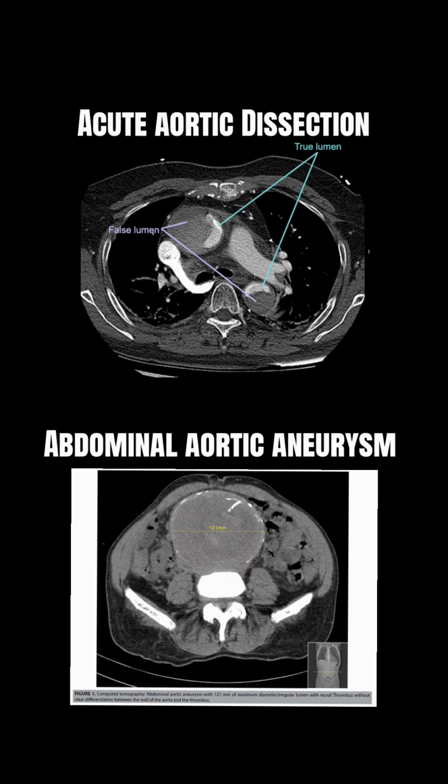Now, what will be the presentation? They'll say that a 76-year-old man with a chronic smoking history presents to the ER with sudden onset of abdominal flank pain and a pulsatile mass. The abdominal pain is radiating to the back, and he also has symptoms of limb ischemia.